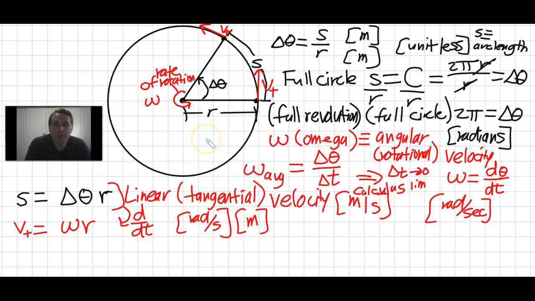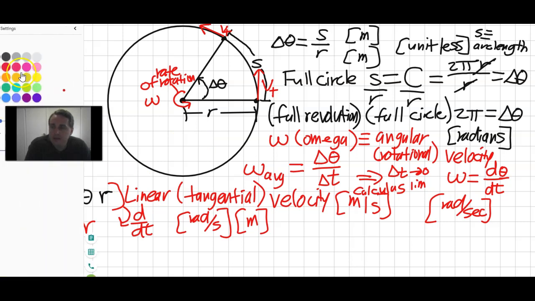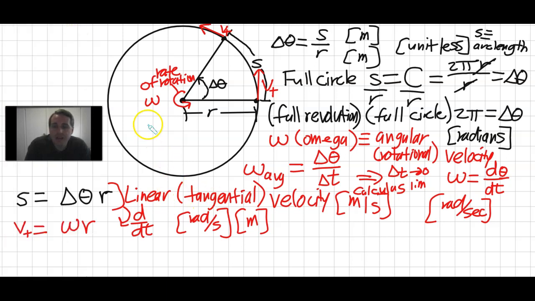Lastly, what about if this object is accelerating? Well, let's switch to an even different color. So if this object is accelerating, then we should give that a name. It's accelerating the rotation rate.